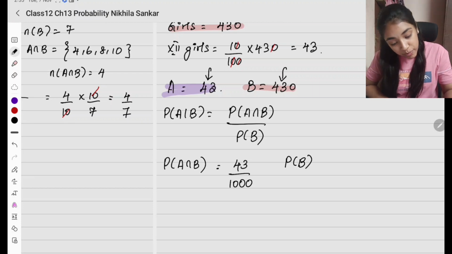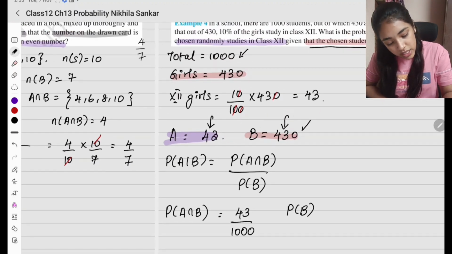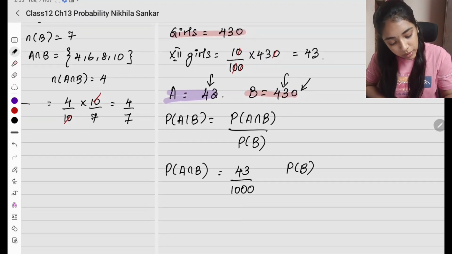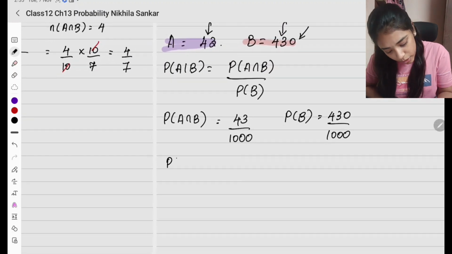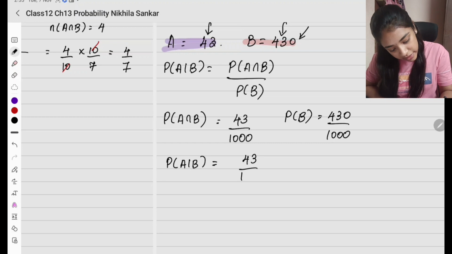Now probability of B enna? It's going to be total number of girls oda probability. So this is 430 divided by 1000. Okay. So probability of A given B is 43 divided by 1000 divided by 430 divided by 1000.